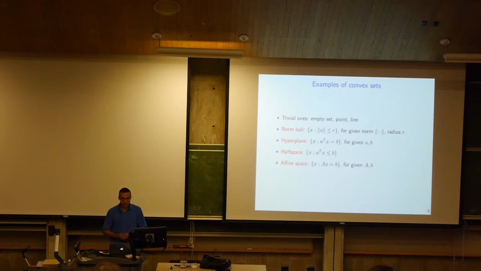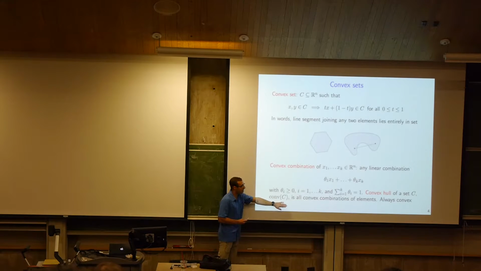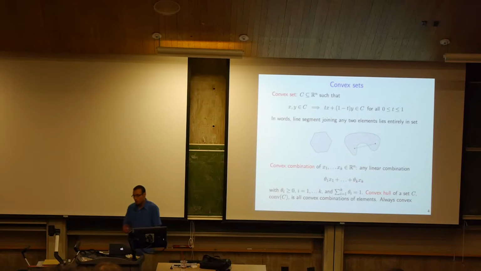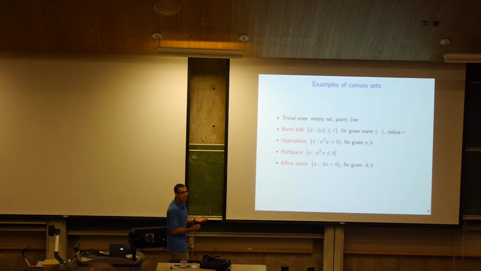So what are some examples of convex sets? And by the way, just to emphasize, the convex hull is always convex. Even if C was not convex originally, the convex hull of a set is always convex, just by construction. Some trivial examples: the empty set is convex.